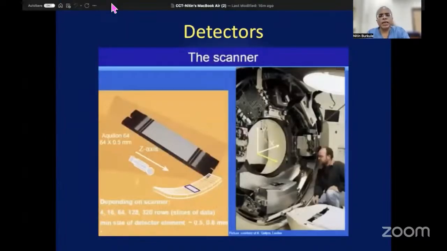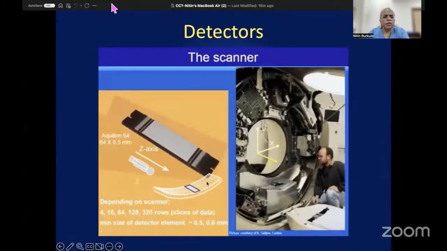Now let us look at the detectors which actually create the image. The detectors lie in the z-axis direction. This is the row of detectors, and each element decides the thickness of your slice. The detector element thickness in the z direction is around 0.5 to 0.6 millimeters.